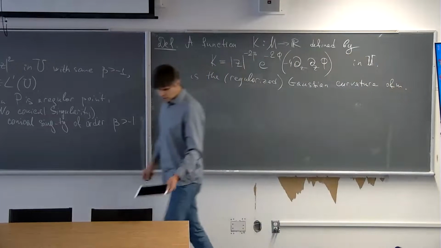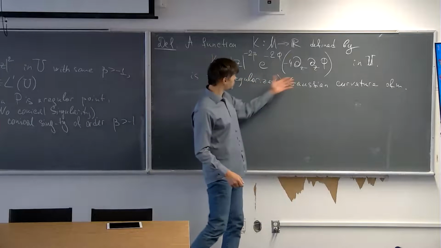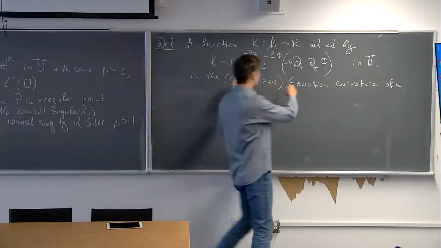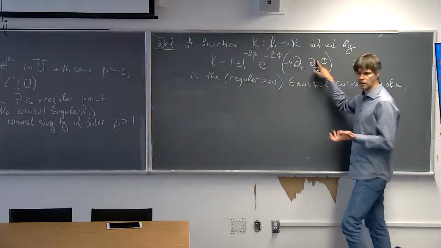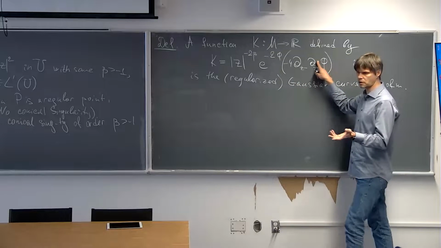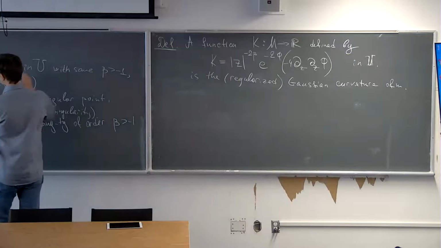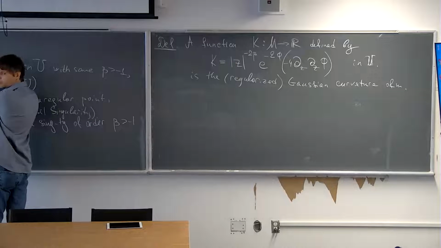Okay, so this one, it's not the Gaussian curvature, it's indeed the regularized one. So to get the standard Gaussian curvature, we will also need to have a logarithmic term here. So if you define it in the standard way, then you put this as a part of the metric potential here.